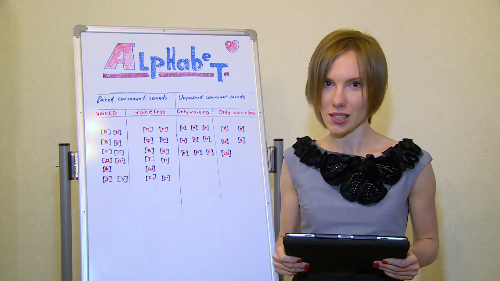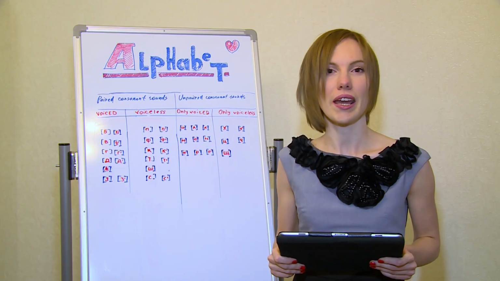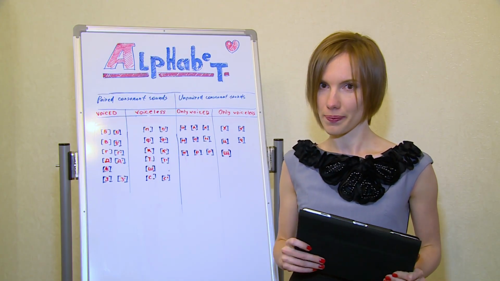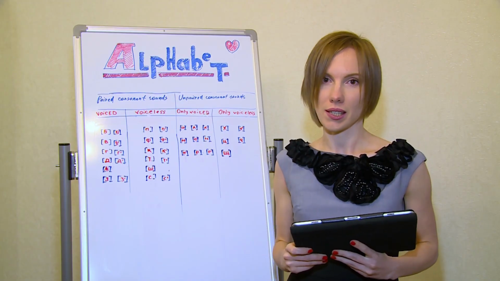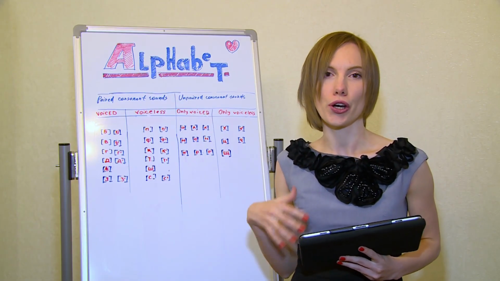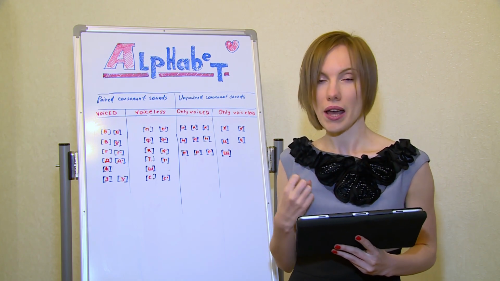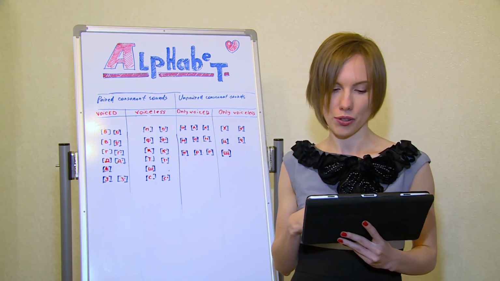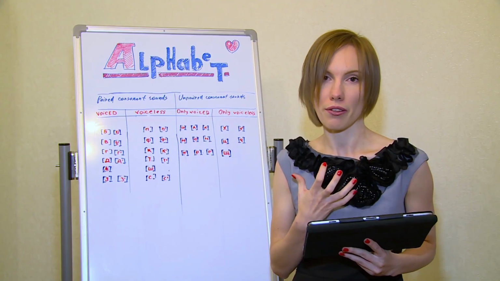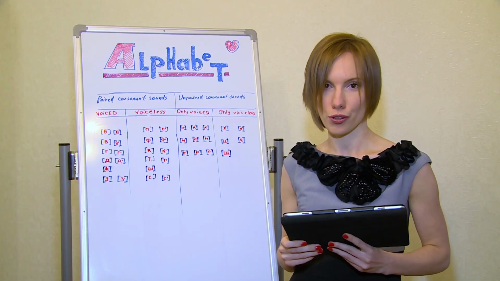Voiced and voiceless consonant sounds can be paired and unpaired. Voiced consonant sounds require more use of your throat to make the sound. Unvoiced consonant sounds require more breath to make the sound.